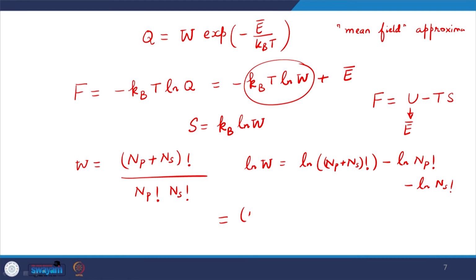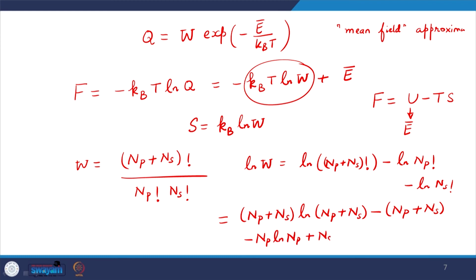So, this becomes Np plus Ns ln Np plus Ns minus Np plus Ns, minus Np ln Np minus Ns ln Ns plus, by the way there is an Np here, plus Ns.